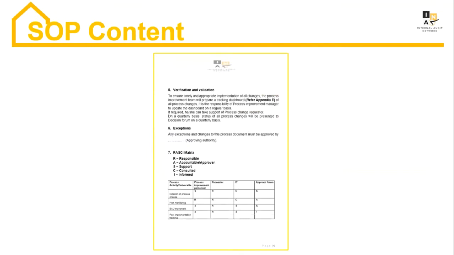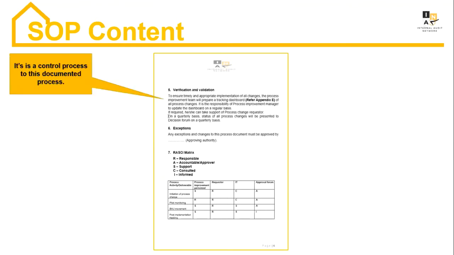Next is verification and validation. This verification and validation is not of the process. This verification and validation is of this process document. Whenever you are defining any process, you have to make sure that particular process is going properly or not. So you should have this clause in any process document.